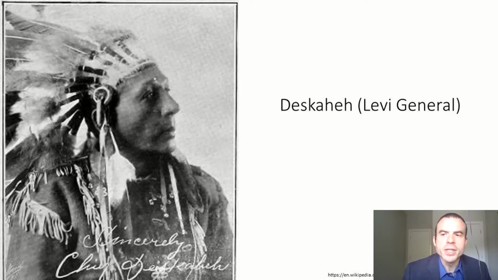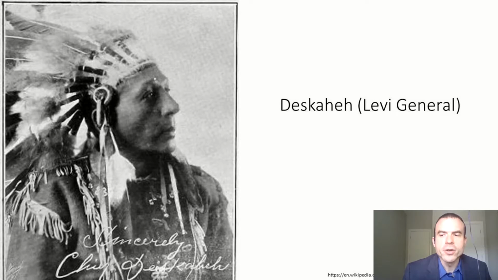In 1921, the Six Nations Council sent Deskaheh, also known as Levi General, a Cayuga chief born on Six Nations Reserve, not far from where I grew up, all the way to England. Traveling on a Haudenosaunee passport, Deskaheh argued that the Haudenosaunee had a fundamental right to self-governance.